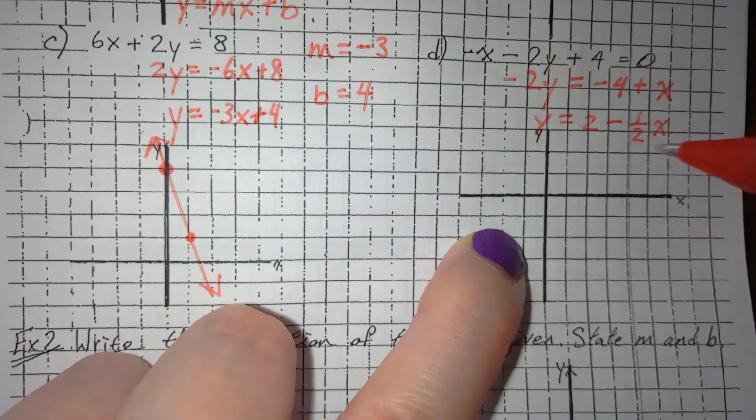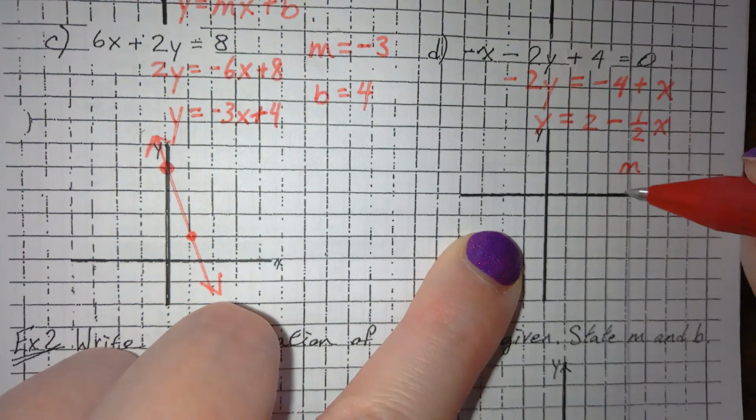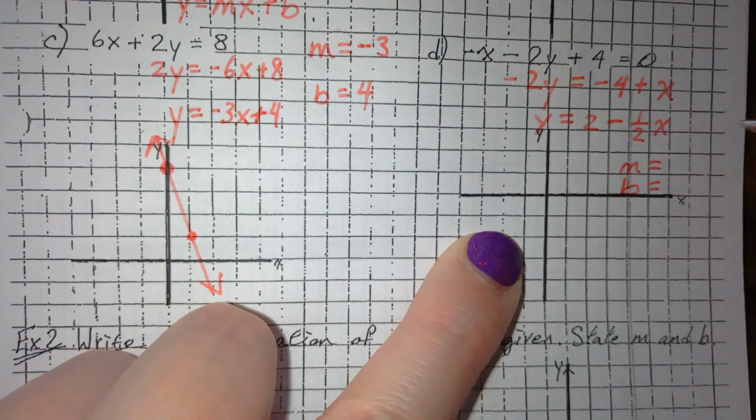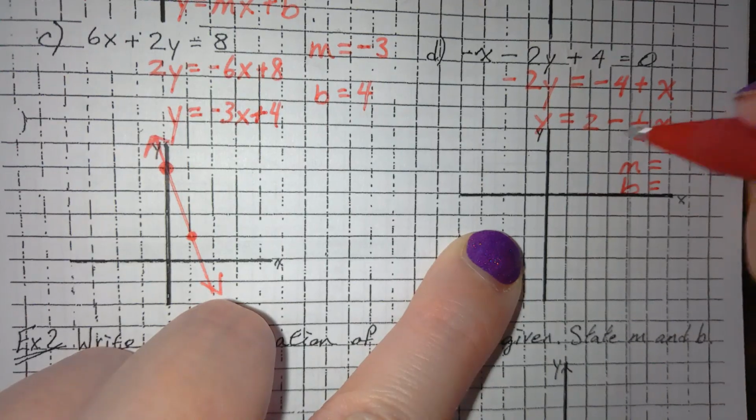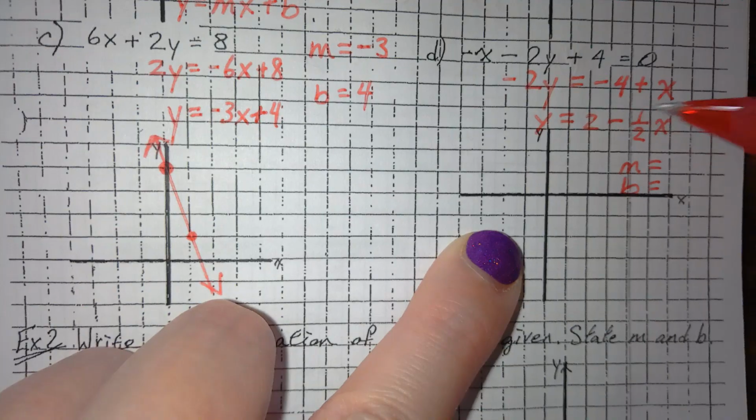So what is M and what is B? M is negative 1 over 2. Excellent. So this is why I wrote it this way. I want you guys to know that even though I put y equals b plus mx, your m is always the number in front of the x.